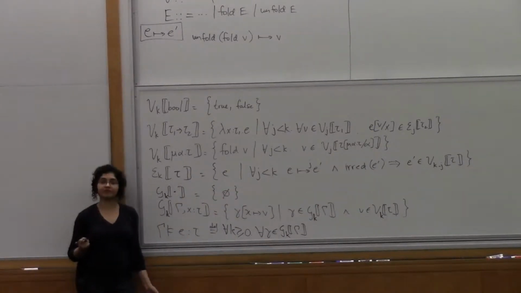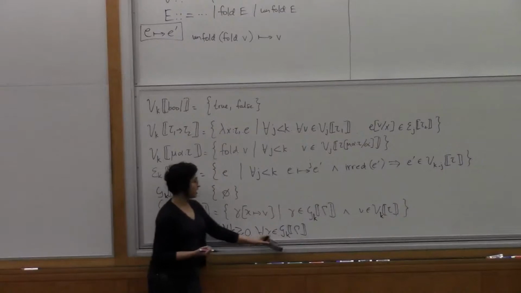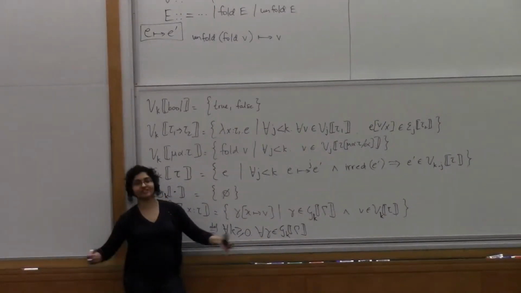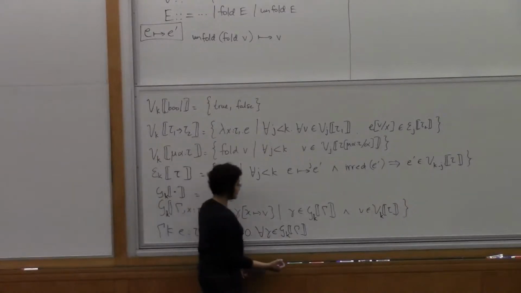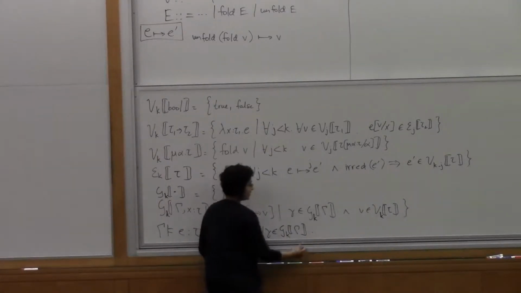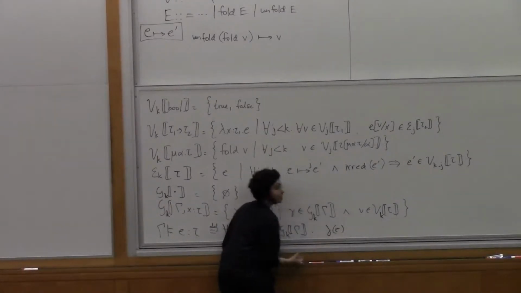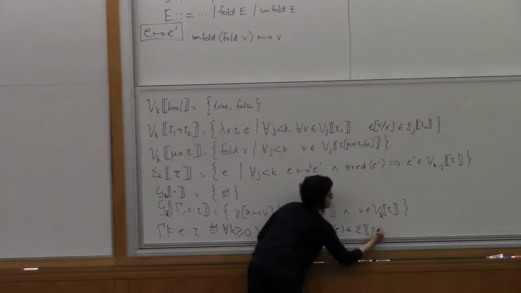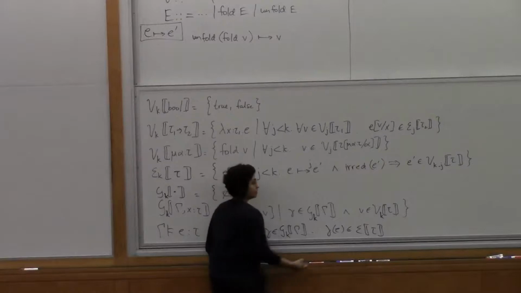So first we pick an arbitrary k, and a substitution that's good for k steps, a substitution that contains values that are all good for k steps. Then we use gamma to close off E, and we say that the closed expression behaves like it has type tau for k steps.